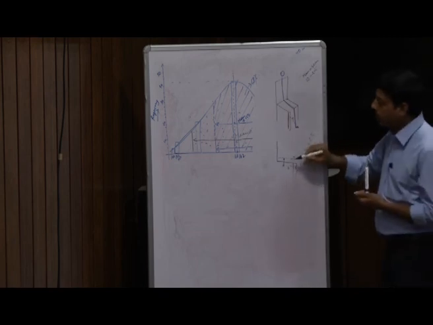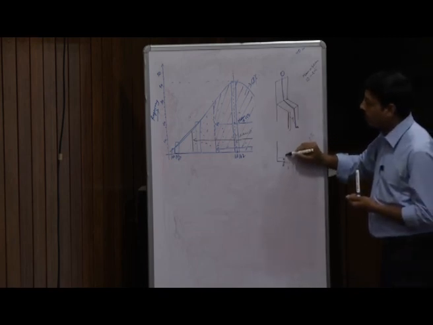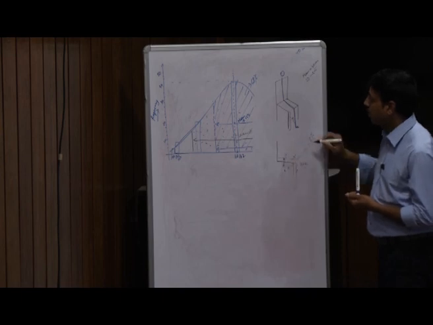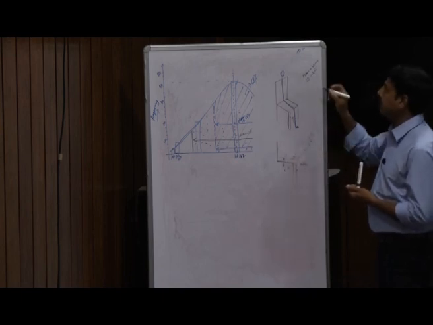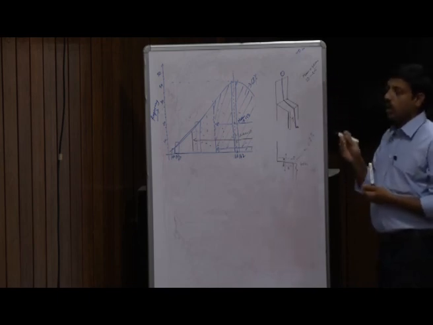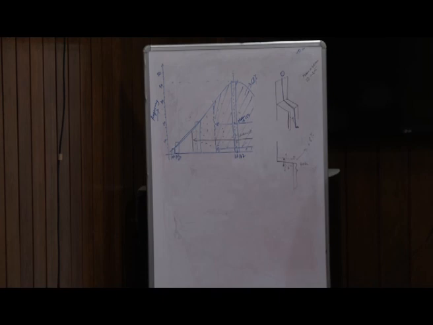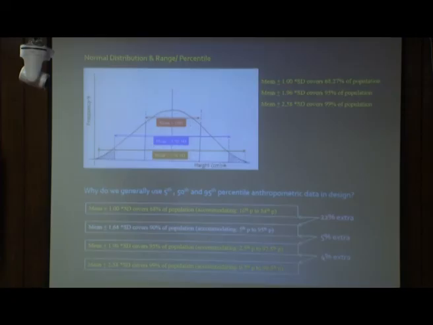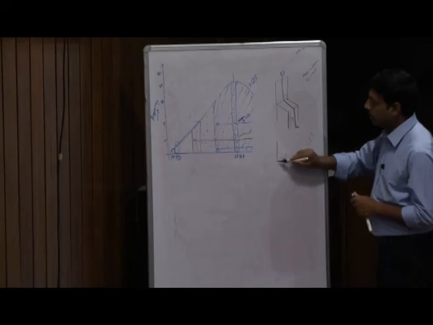But if we go mean plus 1.96 SD up and down, 1.96 SD means almost 2 SD. Anyway, we are considering 1.64 SD. Now this is the mean value.